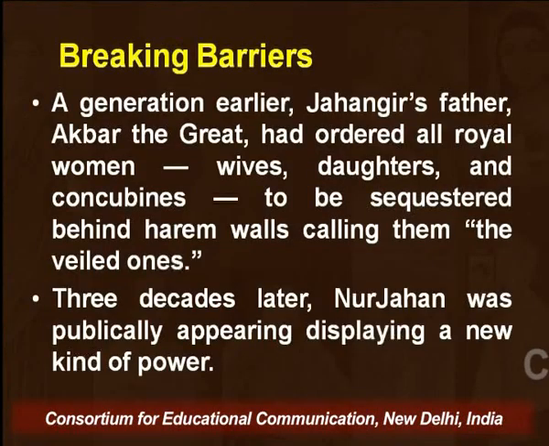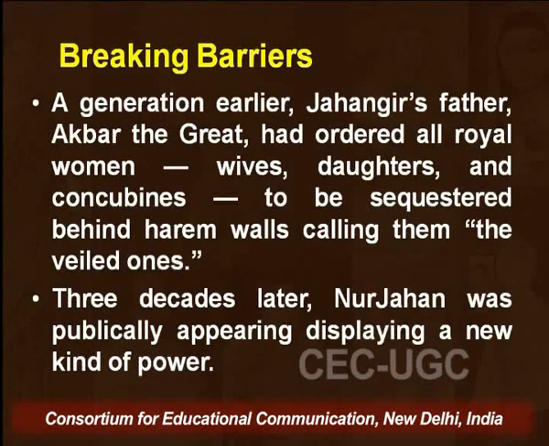In fact, Nur Jahan should also be remembered as someone who broke several barriers, because if we go back a generation earlier, Jahangir's father Akbar had ordered all royal women, whether they were wives, daughters, or concubines, to be sequestered behind harem walls, calling them the veiled ones, the Parda Nashins.